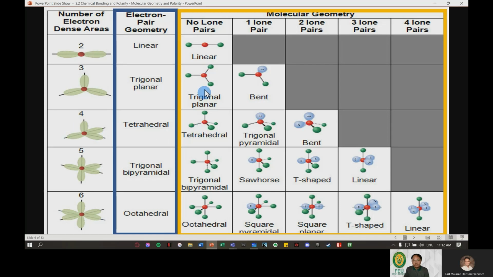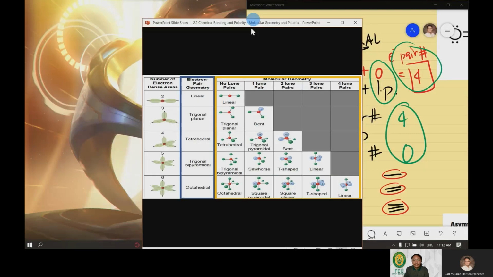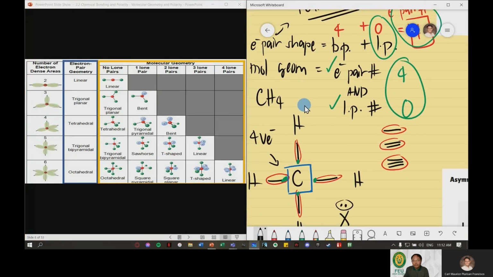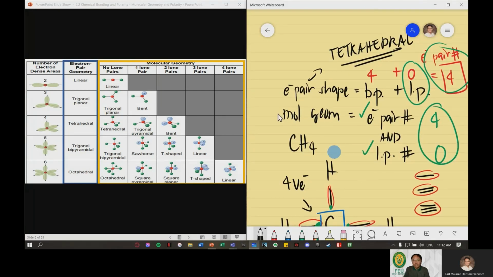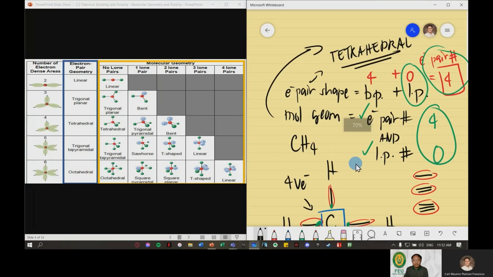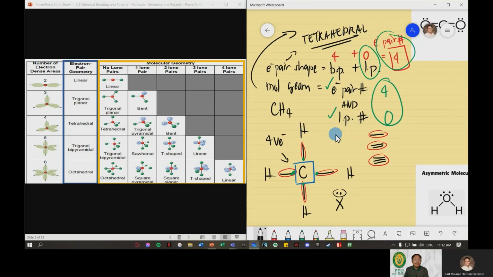They are aligned with, in the shape, according to the table, tetrahedral. So my answer for molecular geometry shall be tetrahedral as well. Okay? And that is how we identify the electron pair shape and molecular geometry shape using this table and the following relationship for the electron pair shape and molecular geometry shape.